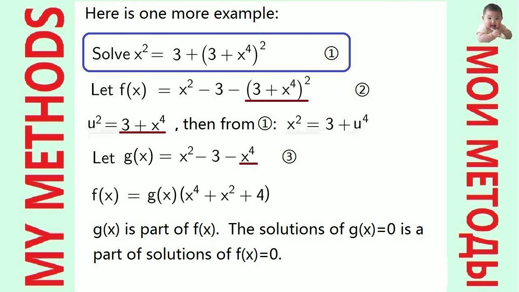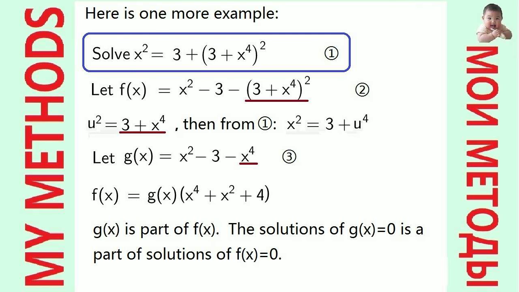So now the key point, g(x) equals x squared minus 3 minus this part.